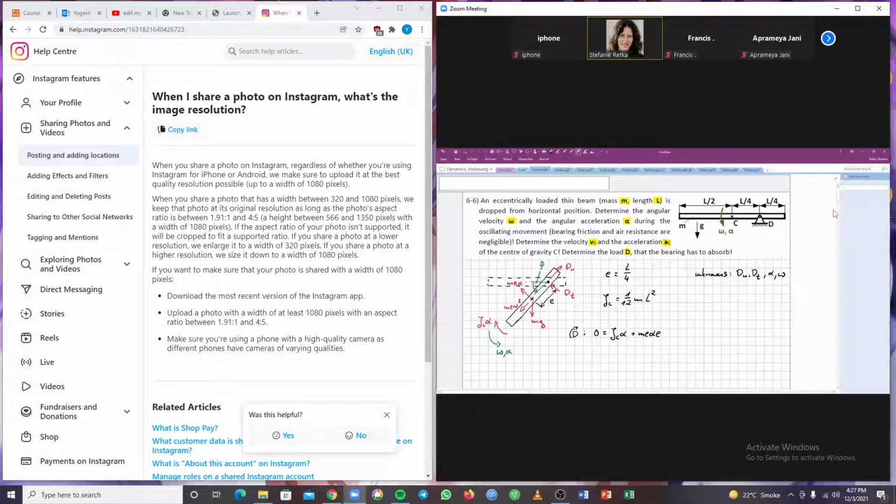So this angle can be found here as well. And then we can decompose the equation. We can decompose the force of gravity, mg cosine phi times E.